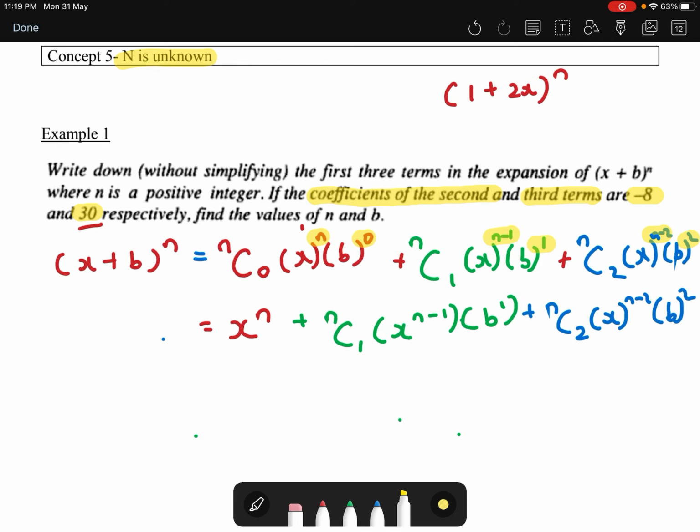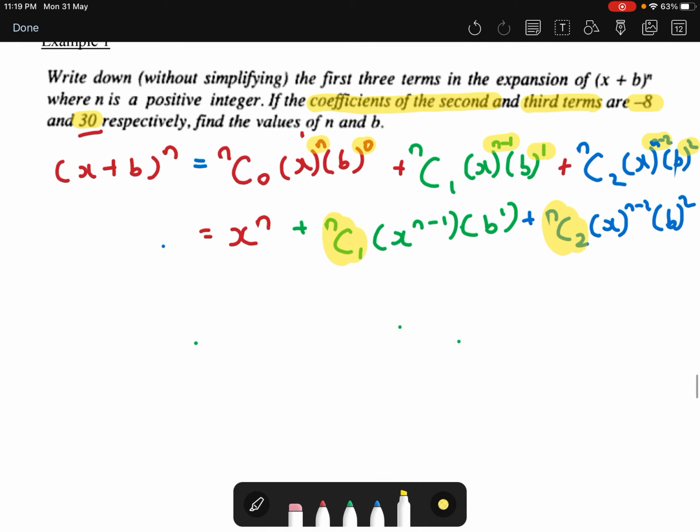So how do we do that? First of all, this type of question is testing your understanding of what I mean by n choose 1 and what I mean by n choose 2. If you still remember your concept 1, n choose 1 is just like a fraction where the denominator, the bottom part, is 1 factorial. 1 factorial means 1 times 1, or just 1.